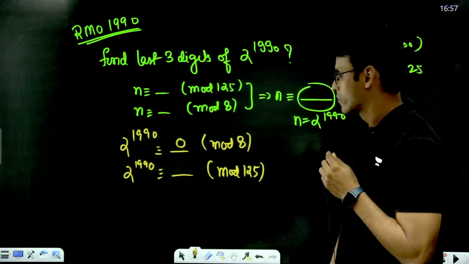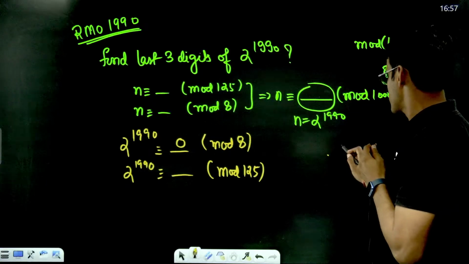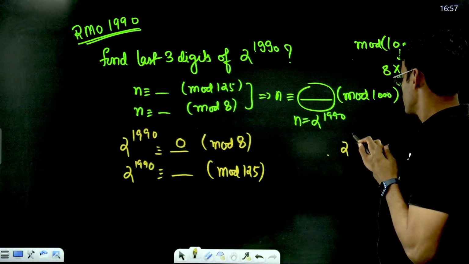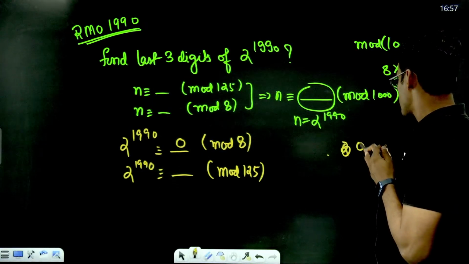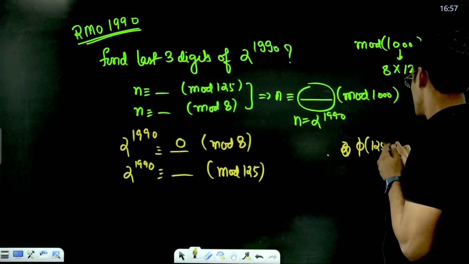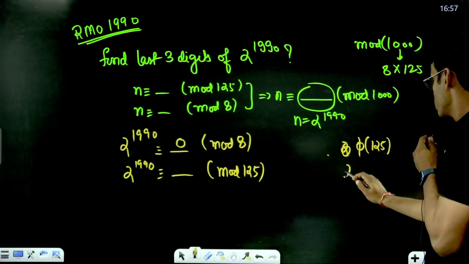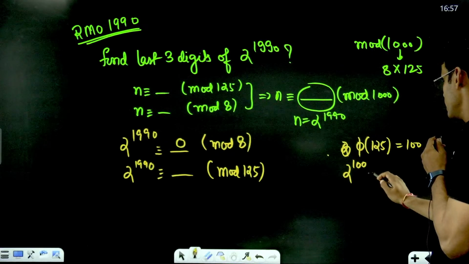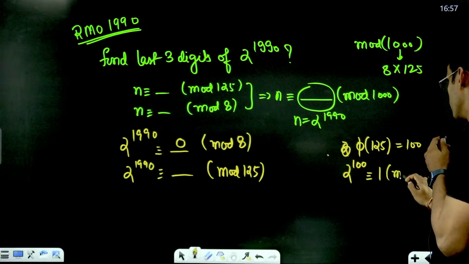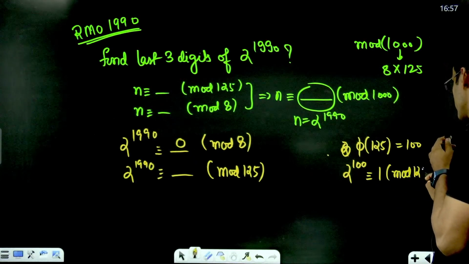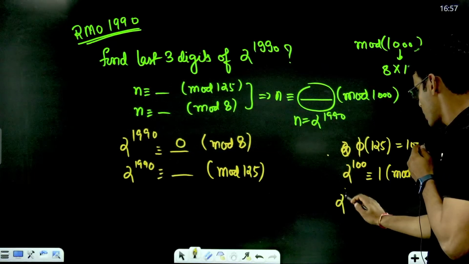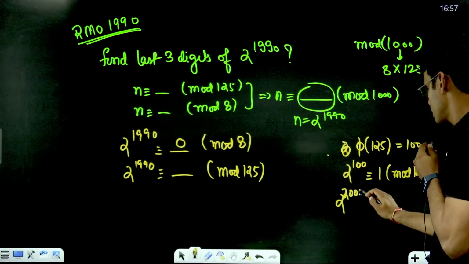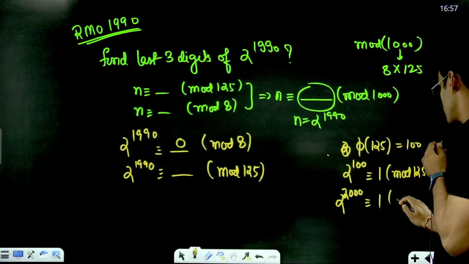Mod 125. How to solve it? Now I'll use Euler-Totient. This is 100. 2 to the power 100 is congruent to 1 mod 125. This means 2 to the power 1000 is congruent to 1.